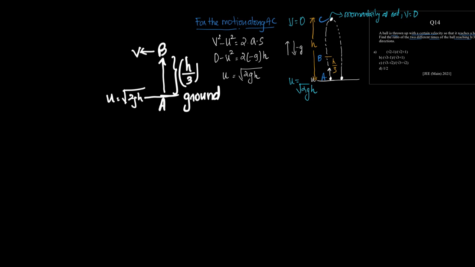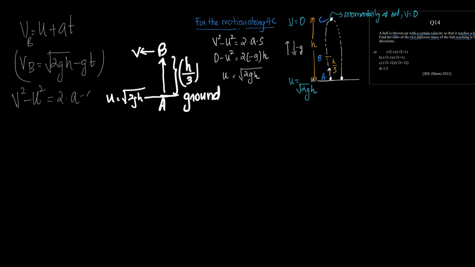At this point, what would be the displacement-time relationship? What can we find out for v now? So vb will be equal to u plus at. What is vb? So vb will be equal to root of 2gh minus gt, and then we can use v square minus u square is equal to 2 into a into s.